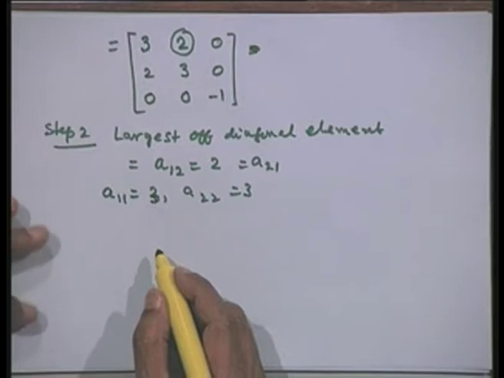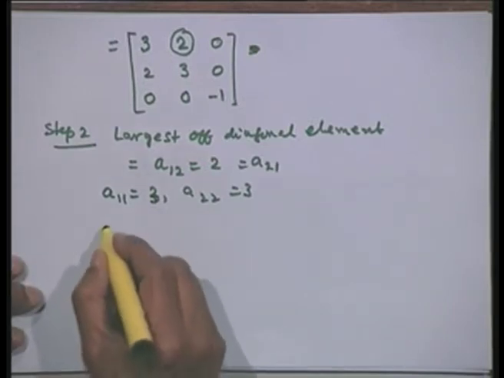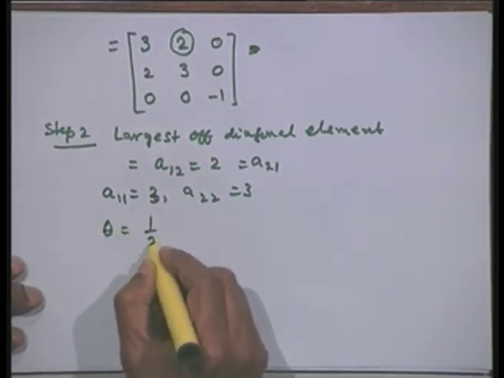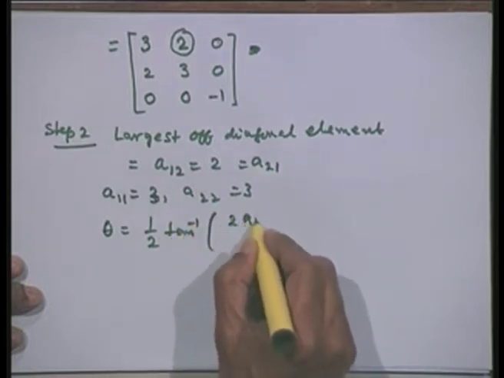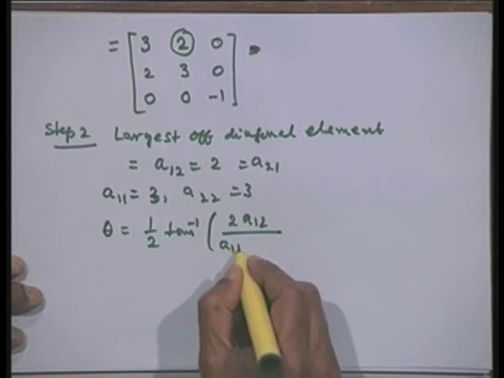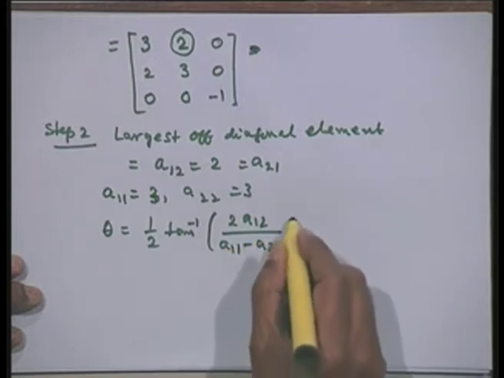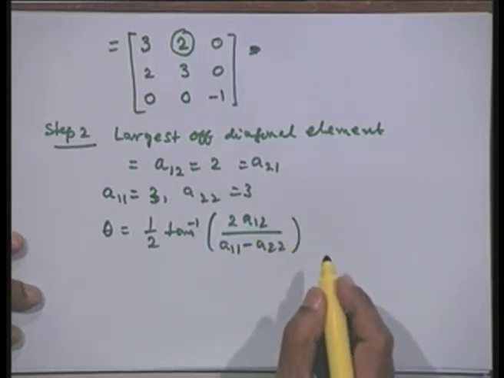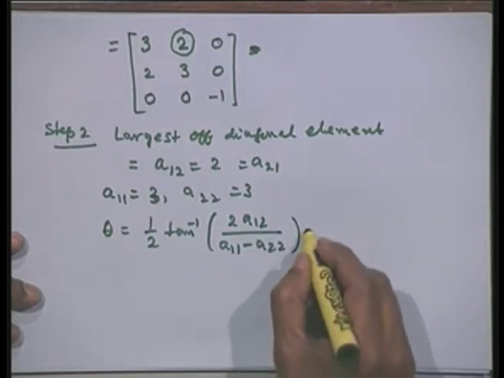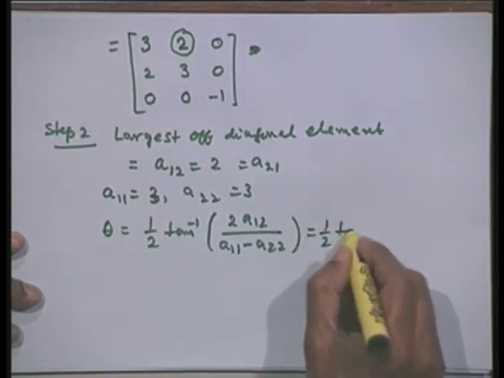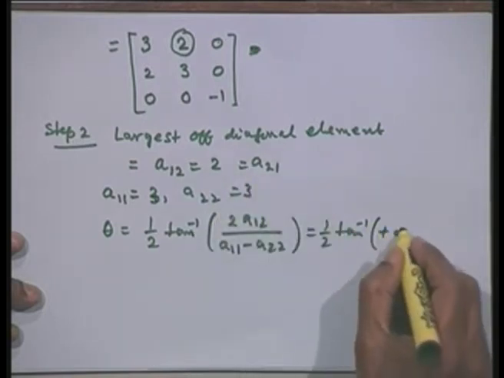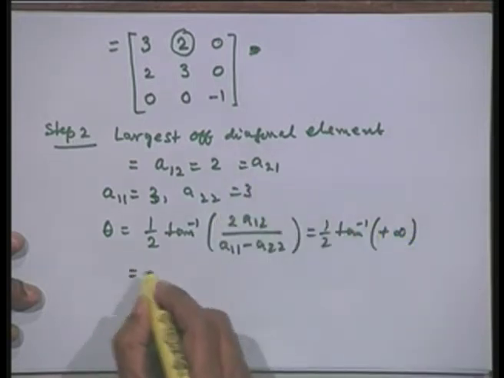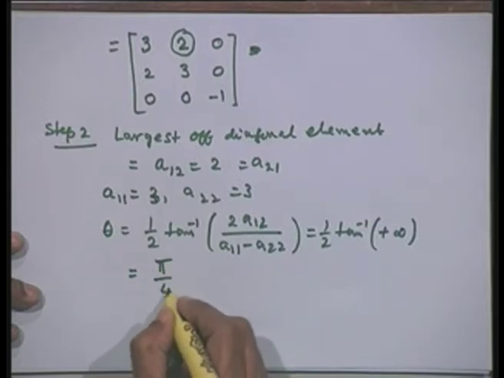I again determine my value of theta from here. Theta will be equal to half tan inverse 2 times A12 by A11 minus A22. Again this is plus infinity, A12 is positive, therefore this is again plus infinity, therefore I have the value as pi by 4 again.